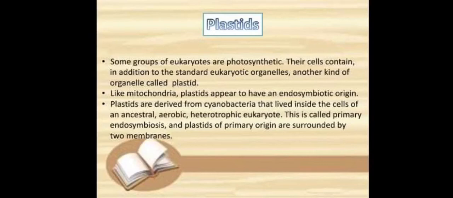All other plastids lack this relictual cyanobacterial wall. The outer membrane surrounding the plastid is thought to be derived from the vacuole in the host, and the inner membrane is thought to be derived from the plasma membrane of the symbiont.